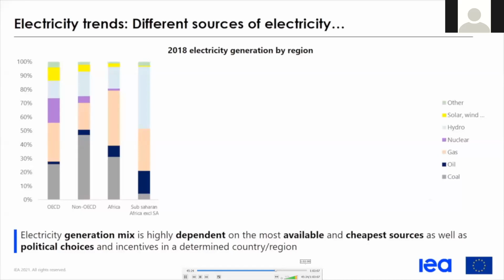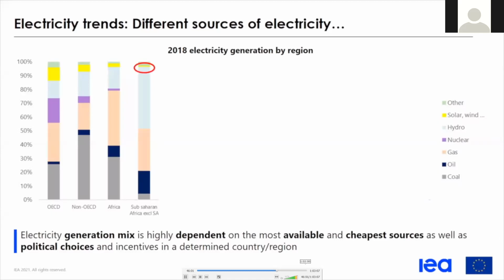For example, in the case of OECD, it's more or less spread between coal, gas, and nuclear. And in Sub-Saharan Africa, we see that hydro represents a large majority of the generation, followed closely by gas. The electricity generation mix is highly dependent on the most available and cheapest sources, as well as political choices and incentives in a determined country or region.